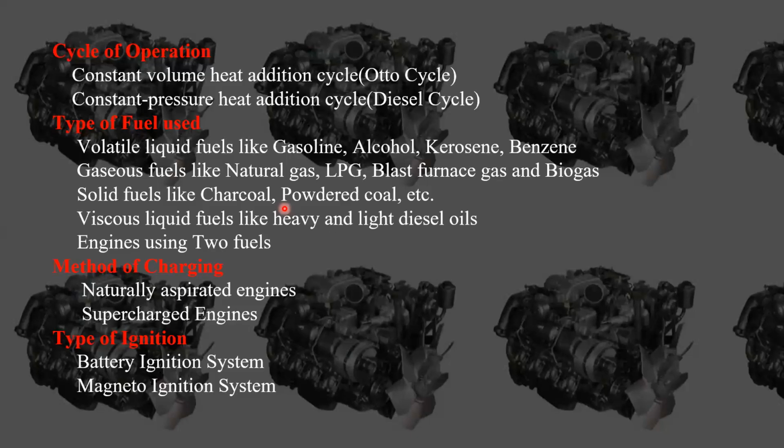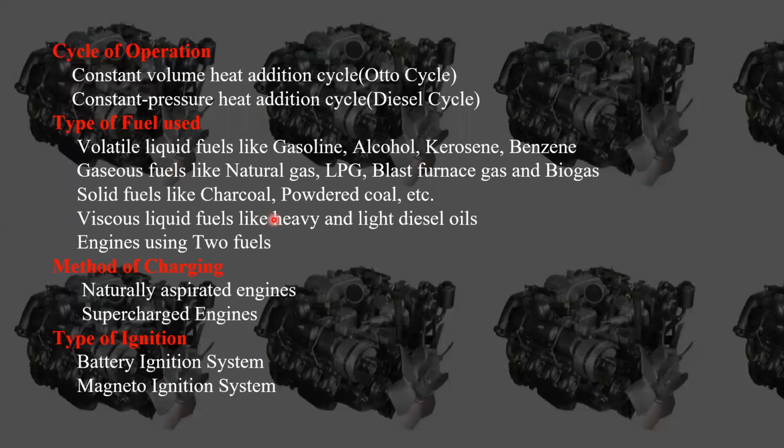Because if you directly use charcoal within the IC engine, it may not give the efficiency and performance, and there will be maintenance and running problems. It won't run on that. So the solid fuel should first be converted into gaseous fuel, and then we use that as a fuel. That is about the solid fuel.